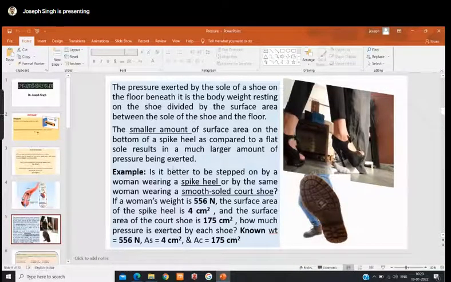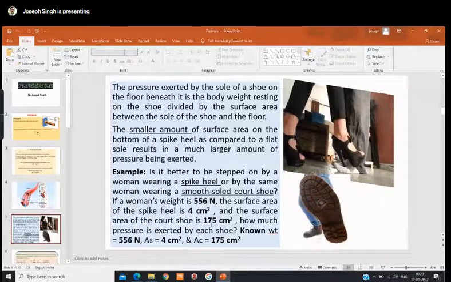If the woman's weight is 556 Newton, the force she is exerting is mg. The surface area of the heel is 4 centimeter square and the surface area of the court shoes is 175 centimeter square.